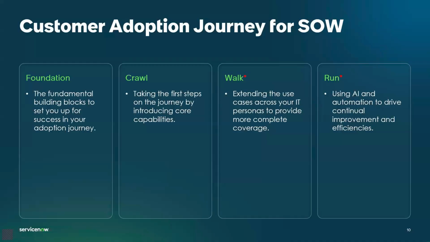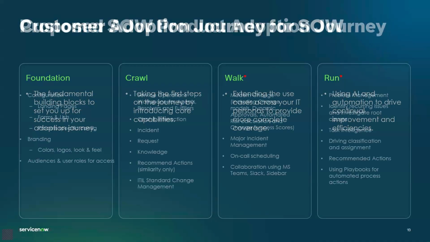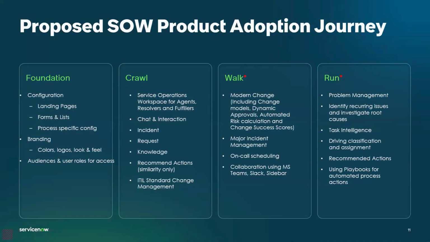On today's session, we are going to be focusing on the walk and run phases, which are extending your use cases to tier 2 agents and also using other automation tools. And here you can also see the proposed SOW product adoption journey. Here are the phases aligned with the products.